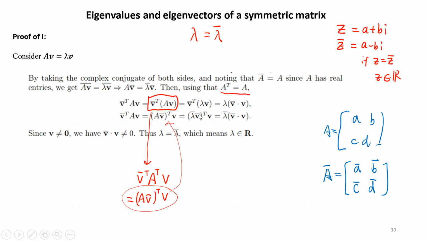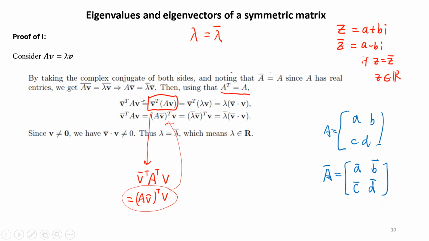The lambda can be taken outside of the transpose, because lambda itself is just a scalar, so the transpose doesn't do anything. Then it becomes lambda conjugate times the dot product of V bar and V.